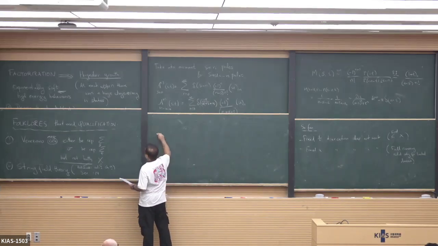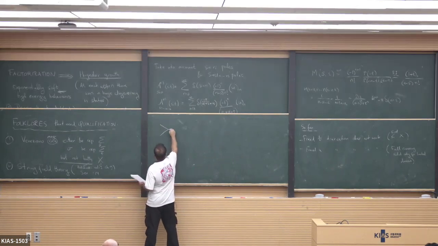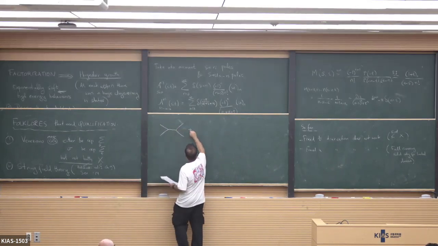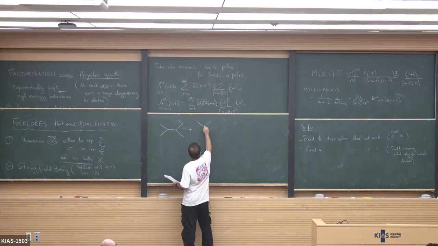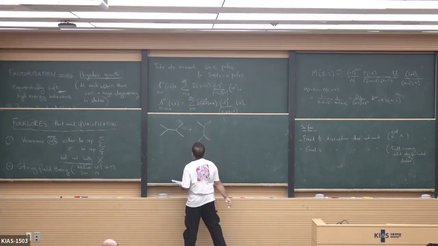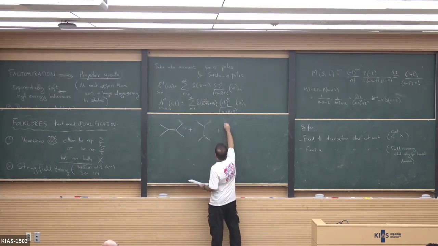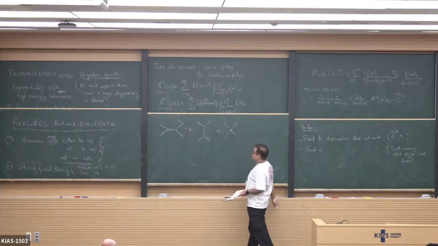So string field theory says that there is a representation which looks like quantum field theory, except for one big qualification. And the qualification is that you need to add contact terms. Typically, you need to add contact terms.